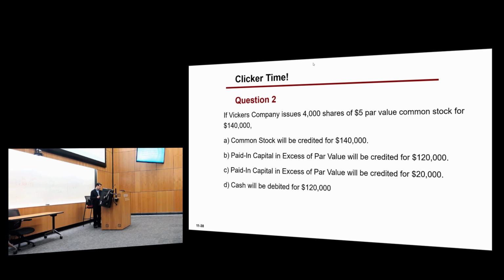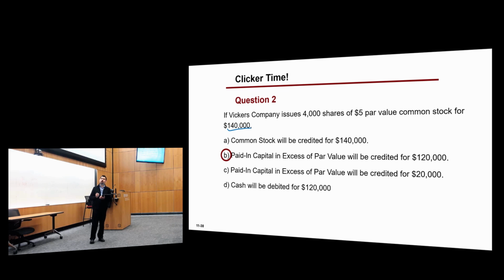So in this case, again, write the journal entry. How do you write the journal entry for this one? We have a company that sold those stocks. They issued those stocks for 140,000.